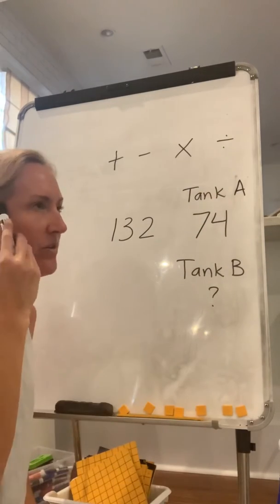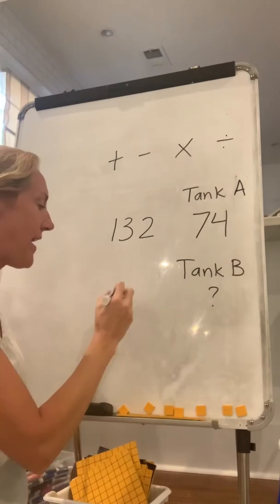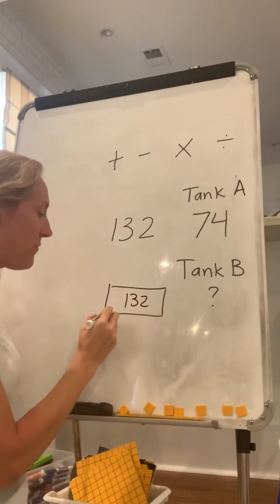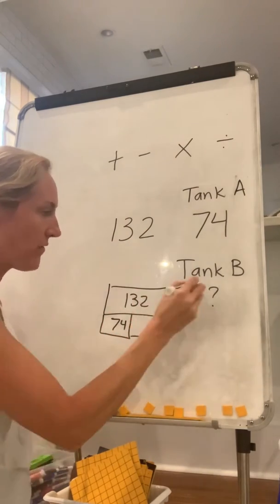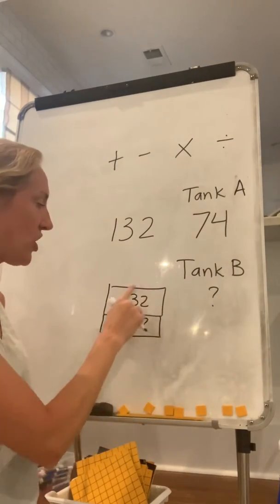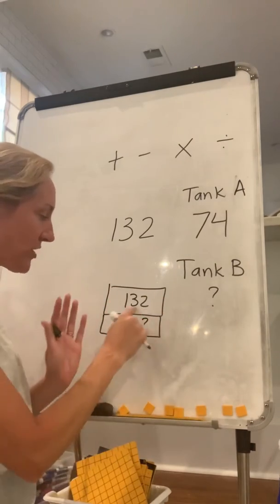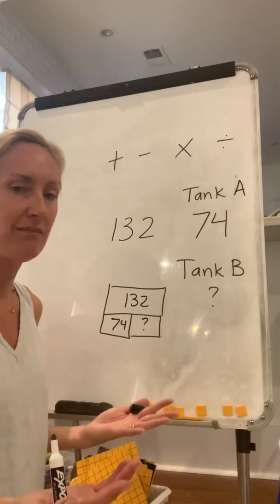If you want to use your model drawing technique, we could try that. So we have the whole thing, all the fish. It's 132. Some of them went over into this tank, 74. Some of them went over here, tank B. So our number is going to be smaller than what we started with because only part of them went over here.